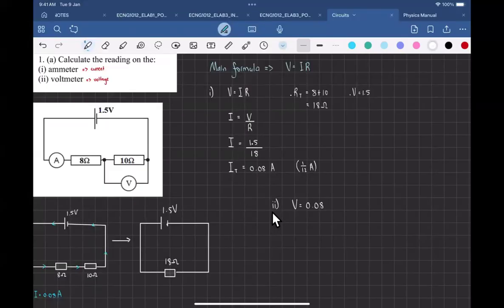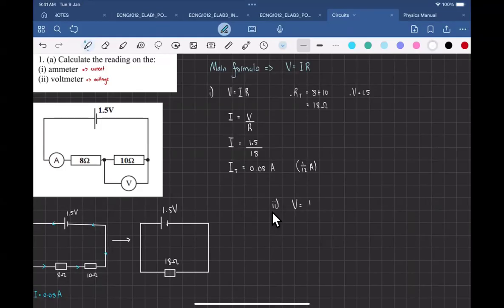We want to find voltage. Voltage is equal to I divided by R? V is equal to IR, not divide. So for this question, I'm going to use the exact value. 0.08 is really 1 over 12.